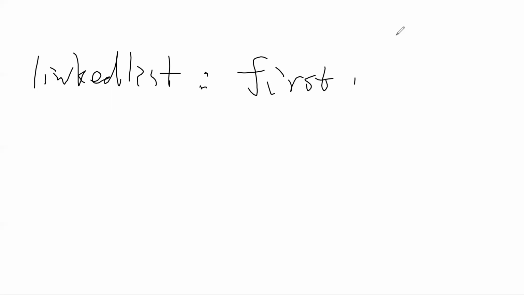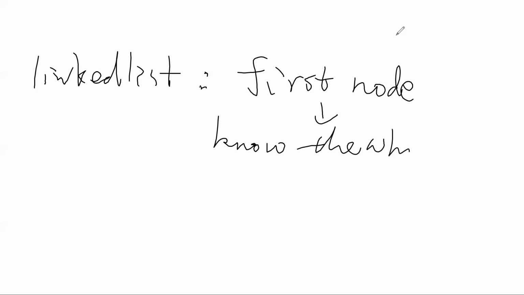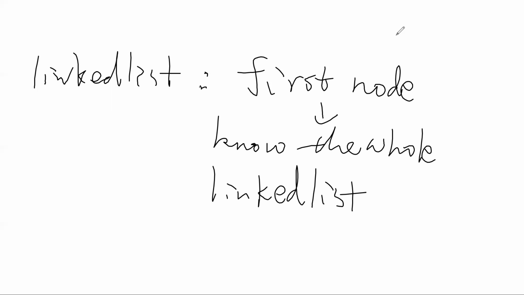For a linked list, which information can you use to identify it? If you know the first node, then we know the whole linked list.